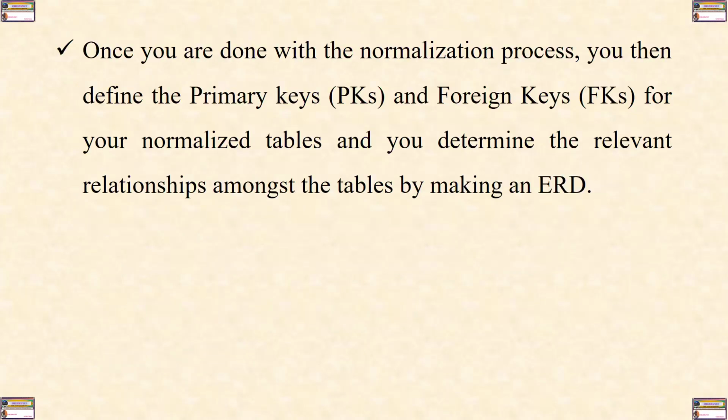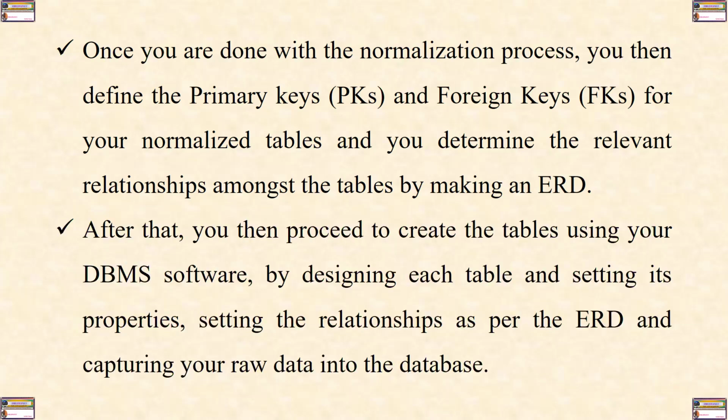And therefore, once you are done with the normalization process, you proceed to define what we call the primary keys, the foreign keys for your normalized tables, and to determine the relevant relationships amongst the tables by making what we call an entity relationship diagram.